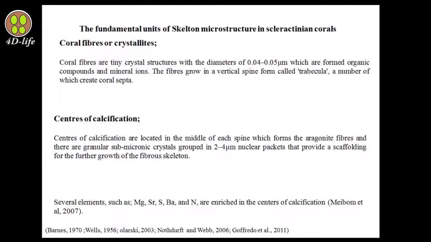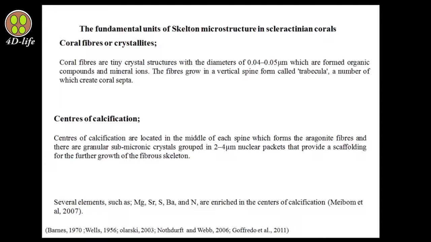In order to understand the crystalline structure response in scleractinian corals to environmental change, we need to be familiar with two fundamental units in the coral skeleton: centers of calcification and coral fibers, or crystallites. Coral fibers are tiny aragonite crystal structures with a diameter of 0.04 to 0.05 micron.